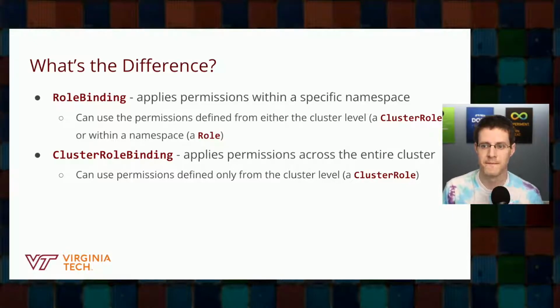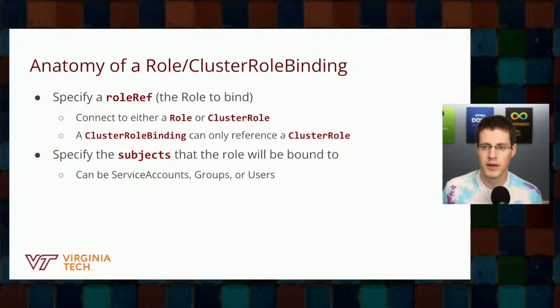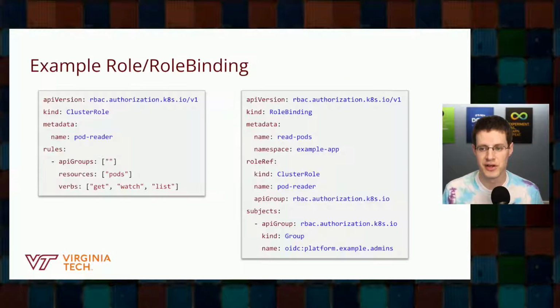Now, the anatomy of a role binding, and we'll see an example on the next slide, is that it has to specify a role ref, so what permission set are we granting, and then specify the subjects, who we are granting them to. Those subjects can be service accounts, groups, or users. We'll see some examples of that in just a minute.